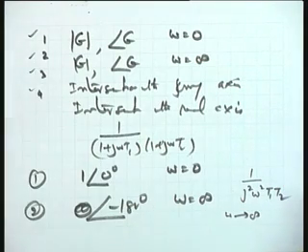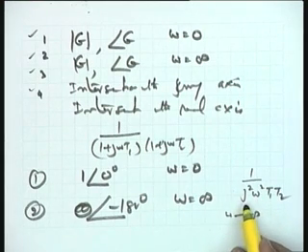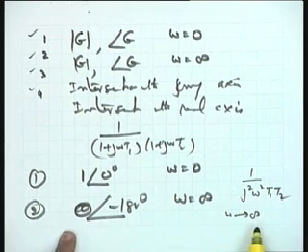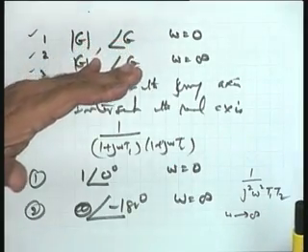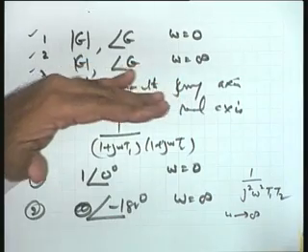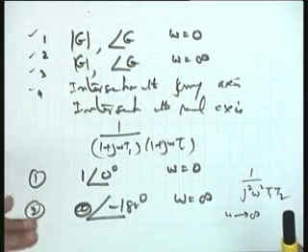It gives you the shape as to how to approach 0, because omega equal to infinity means you have to make it asymptotic to the point which it will take when omega tends to infinity. So for large values of omega, this angle is minus 180 degrees, and the plot tends to the origin being asymptotic to the minus 180 degrees line. This is very important as far as the shape of the polar plot or the Nyquist plot is concerned.